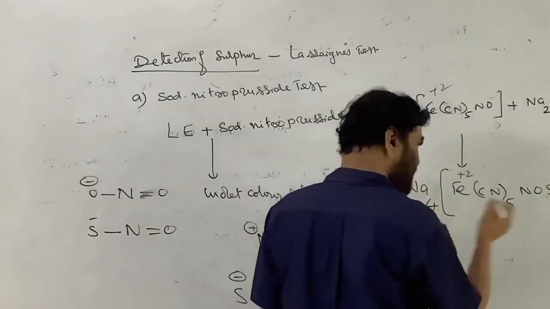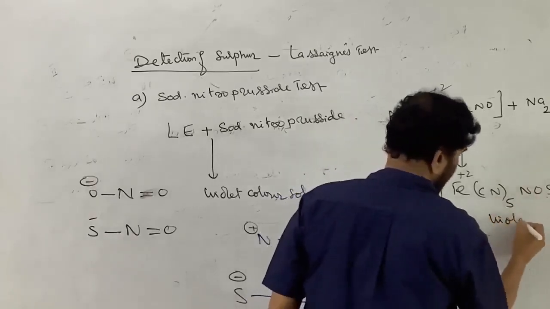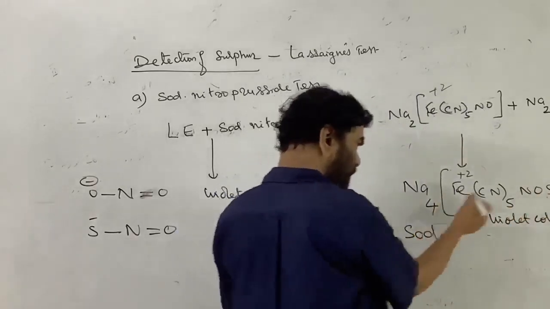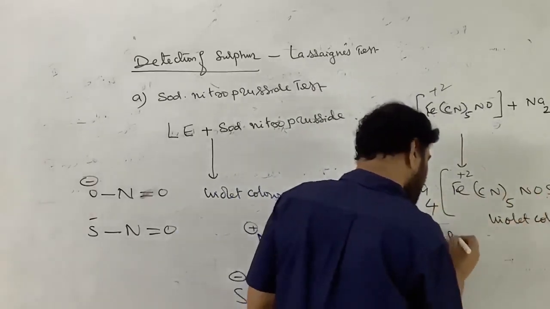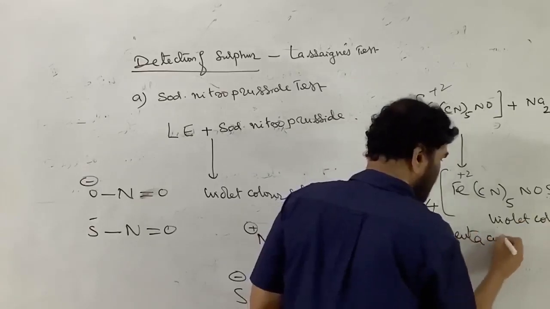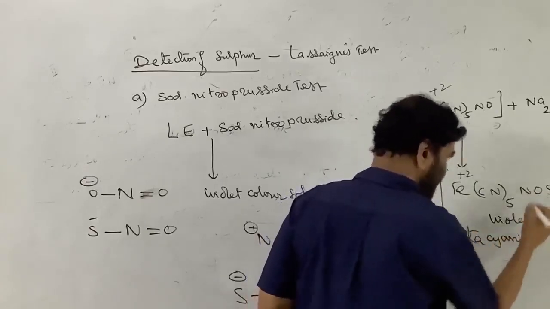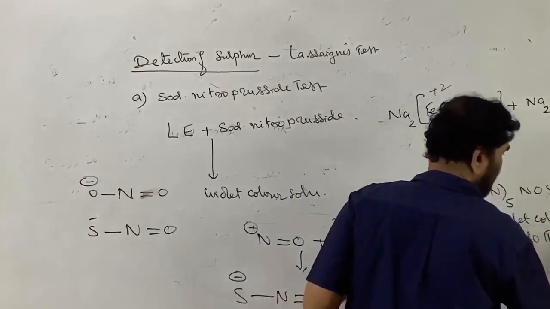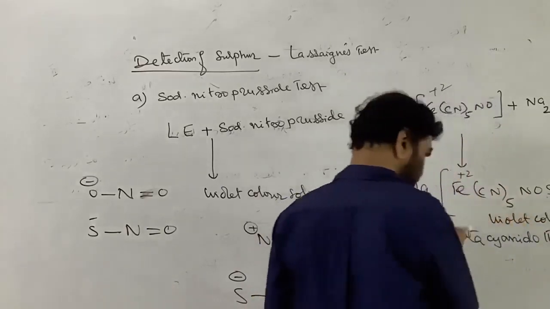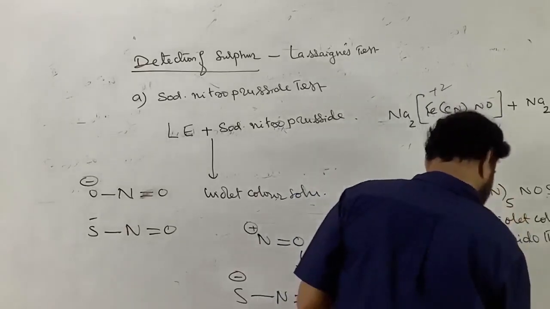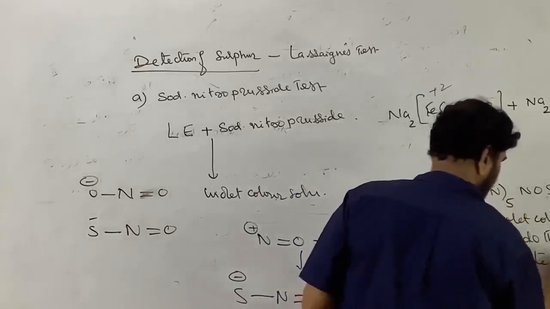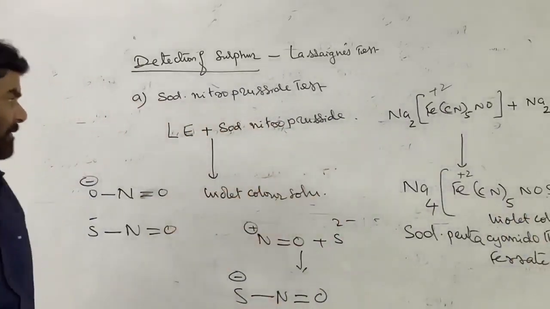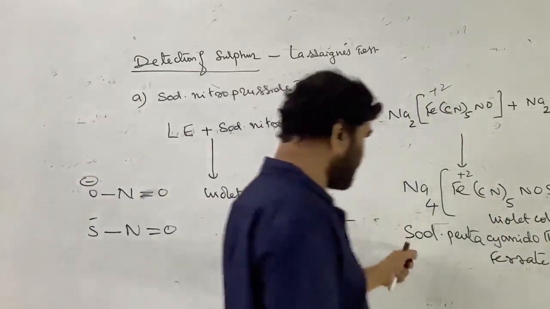Addition compound is formed. This has the violet color. Let me write the name: sodium pentacyanothionitrite ferrate(II). Ignore the capital letters. So this is the reaction taking place.